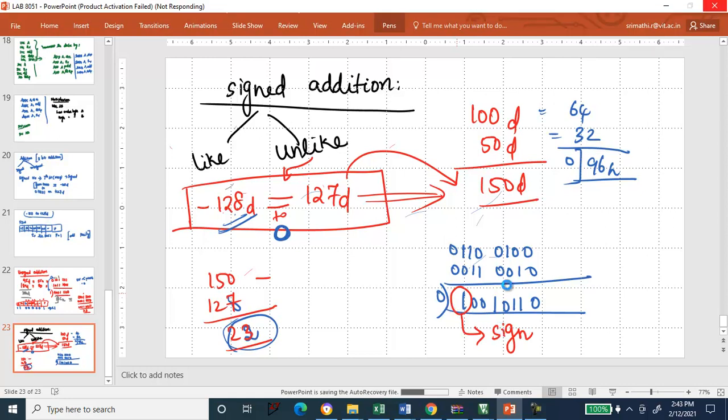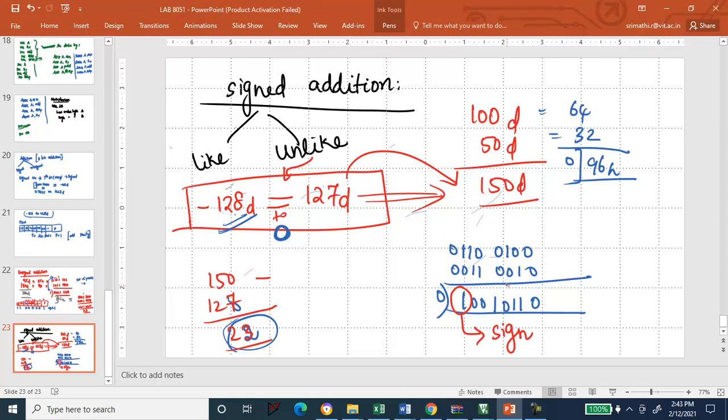If I ignore the sign bit, it will be 0001 0110, whose equivalent is 22 decimal.